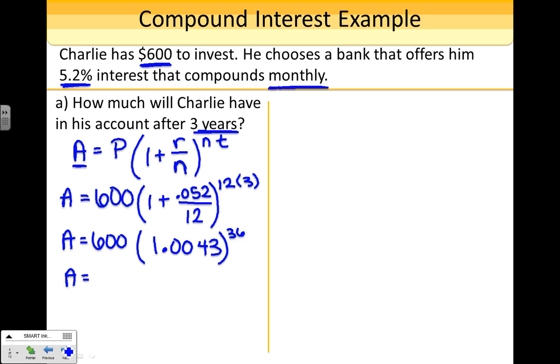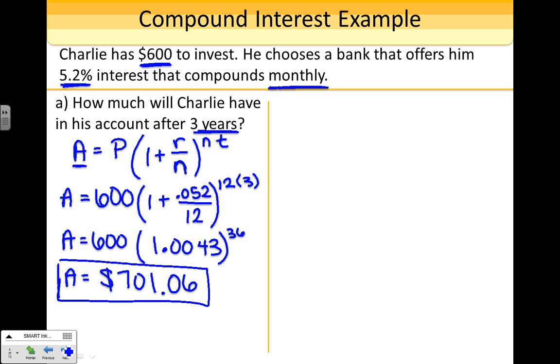Now keep that exact number in your calculator and just hit times 600. And you should get about $701.06. So with a 5.2% interest rate and compounding it monthly, Charlie makes about $101 just by having his money sit in that account.